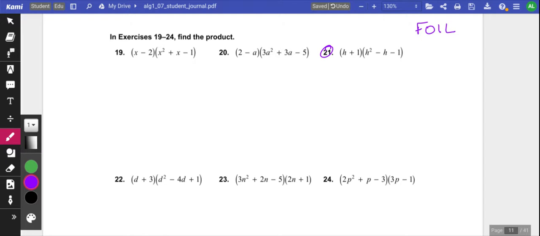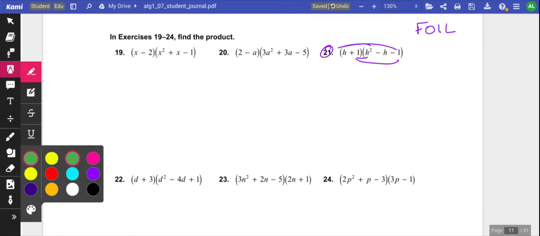I'm going to go first, outer, inner, and last. Do you see the problem here? You're totally ignoring this little negative h in here. That middle term totally just gets ignored if you just try and do FOIL. You'll get a completely wrong answer there.